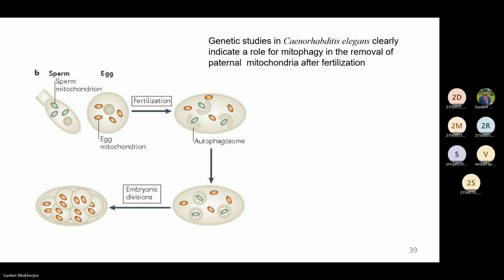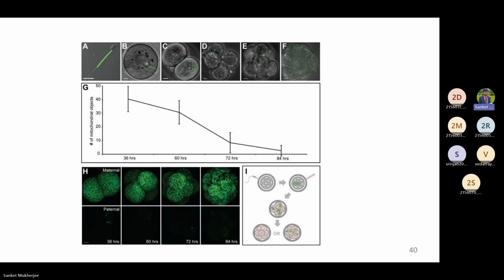In that context, when maternal mitochondria were labeled, you see the maternal mitochondria increase in number. Can you see that? Similarly, when paternal mitochondria were labeled, in the very initial stages, we saw that they were basically lost.